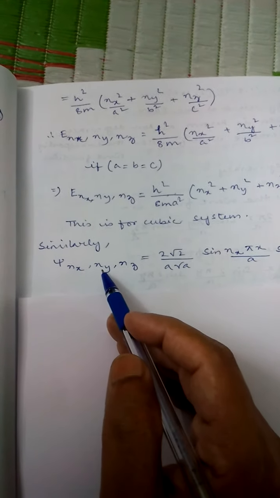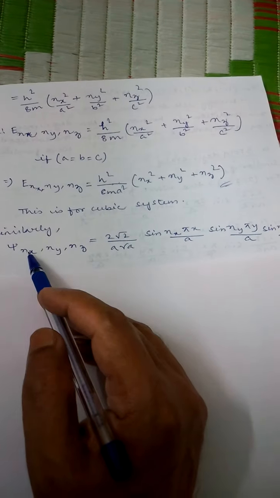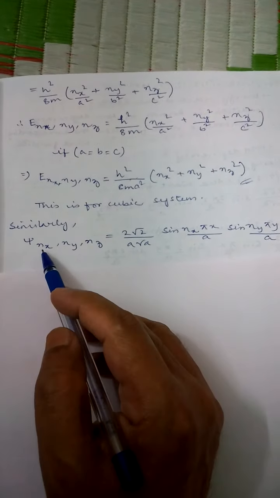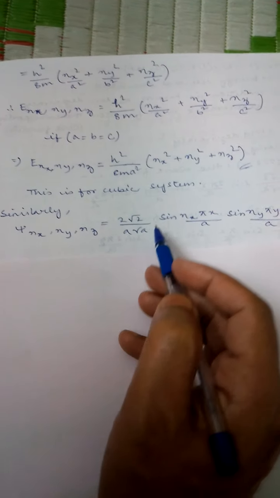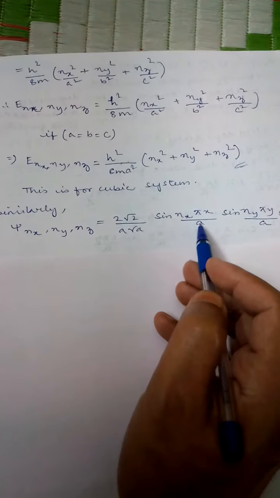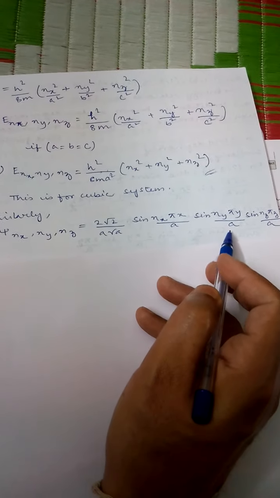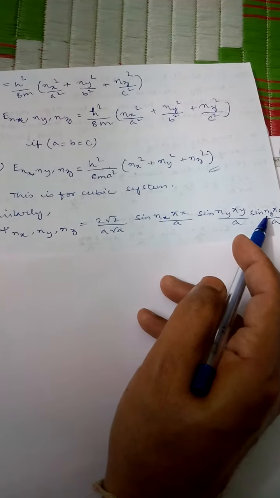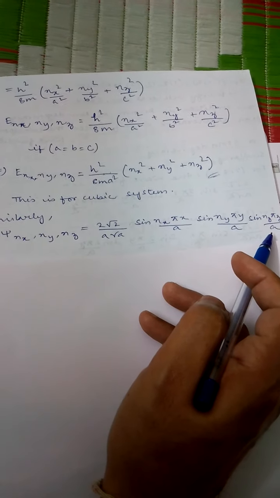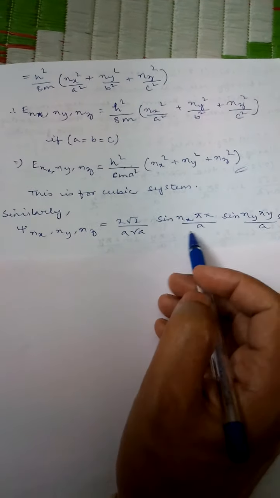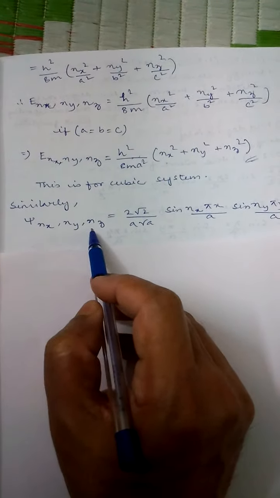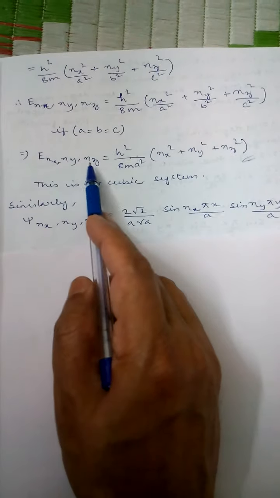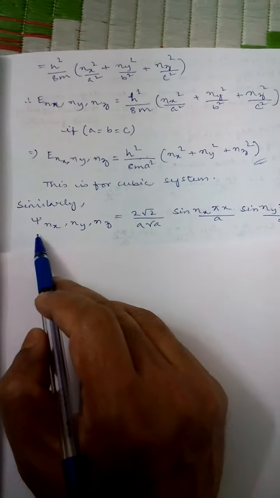Similarly, the wave function for a cubical box can be written as psi suffix nx ny nz, 2 root 2 by a root a, sin of nx pi x by a, sin of ny pi y by a, sin of nz pi z by a. Okay, putting a equals b equals c. So this is the energy eigenvalue for the three-dimensional cubical box. This is the corresponding wave function for the three-dimensional cubical box.